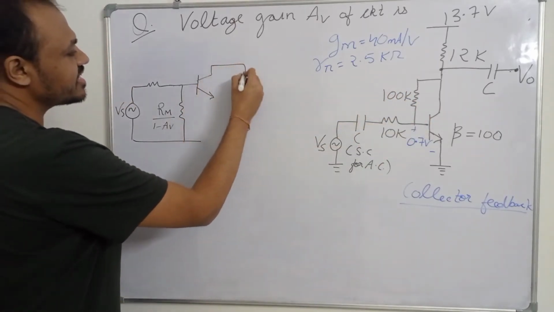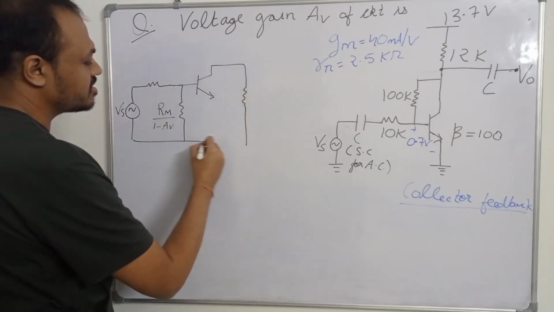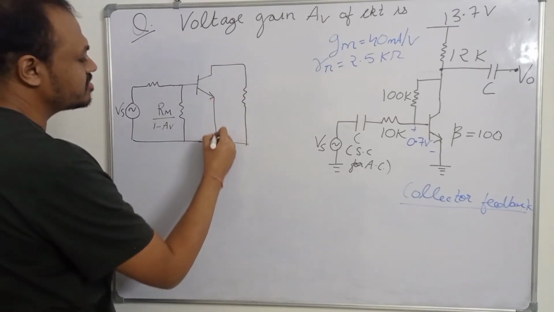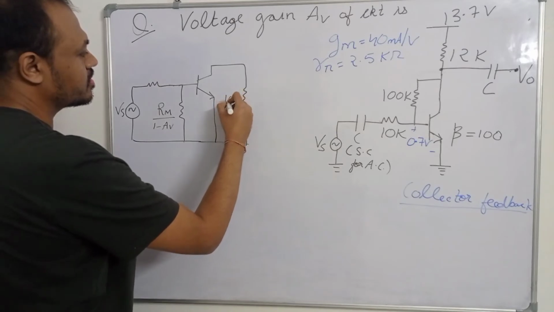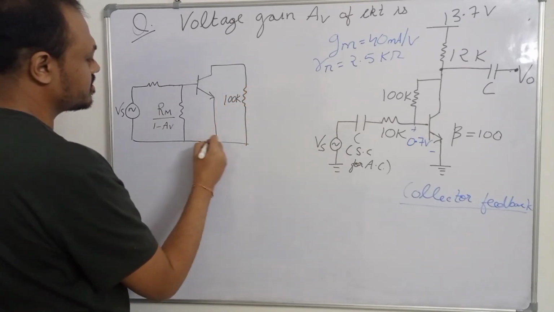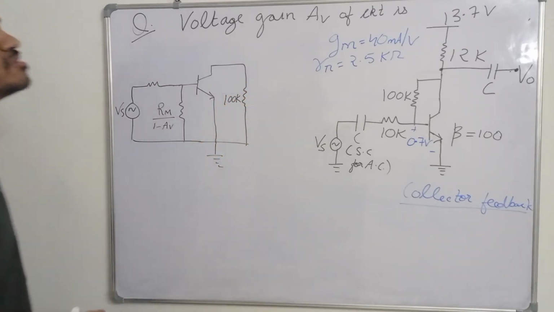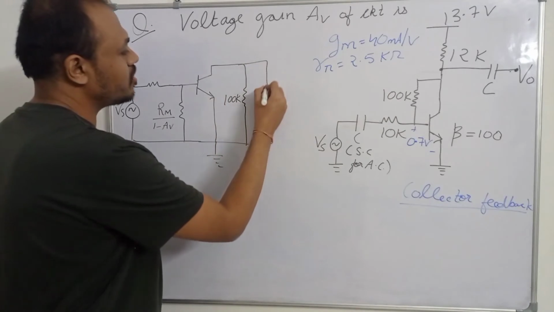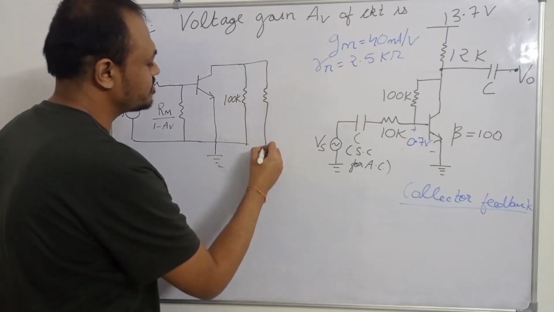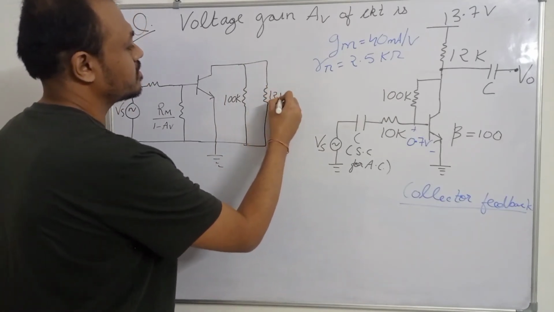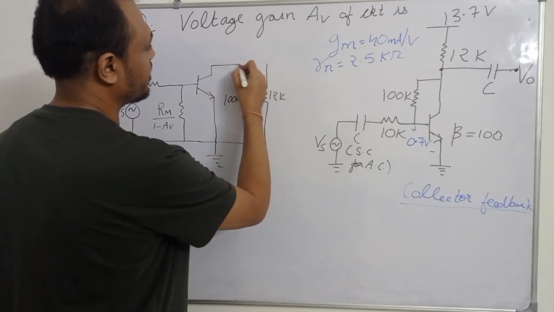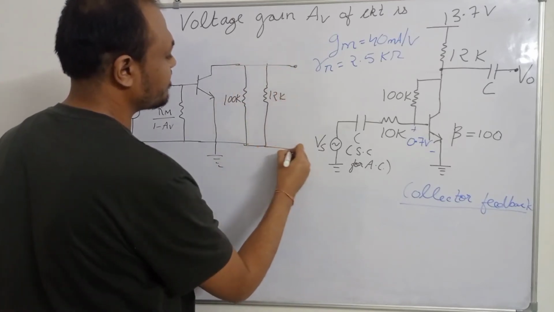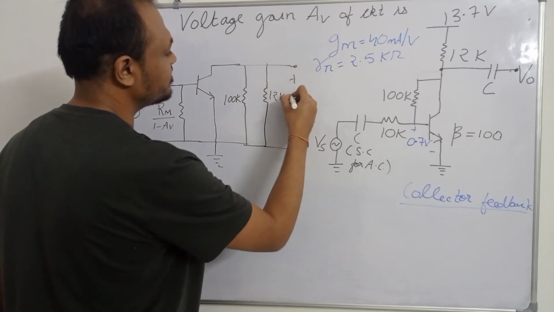So we will connect this 100k between collector and ground, and this obviously is your ground. And then this 12k is also between collector and ground. And finally, this is our output voltage V0.